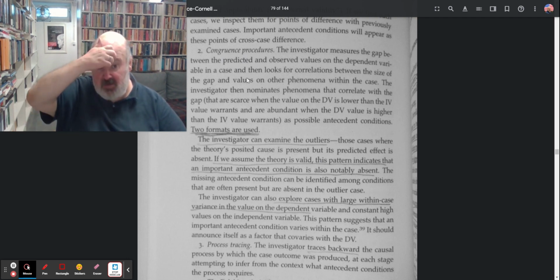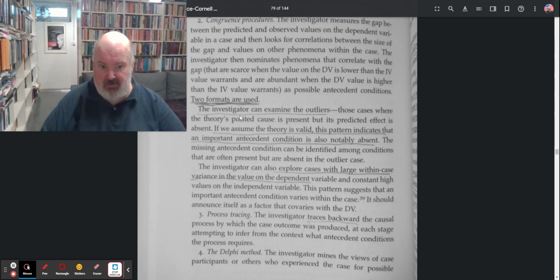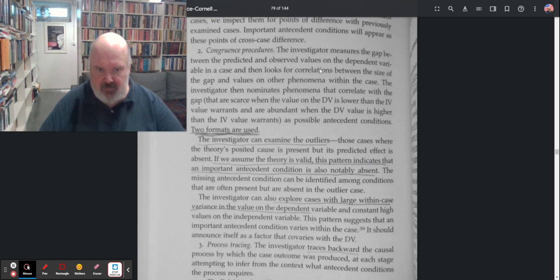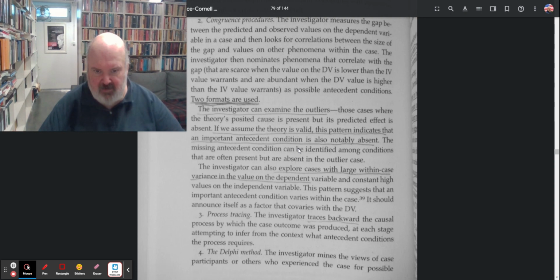Congruence procedures. They're both, I suspect, about outliers, where cases of this are predicted. So outliers, right?